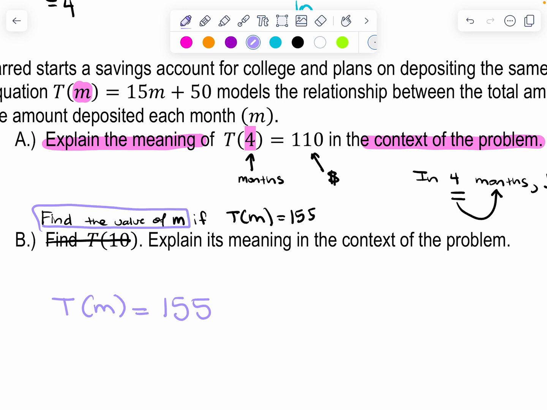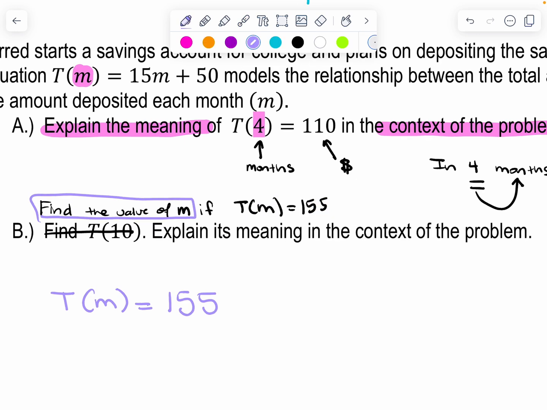Okay, so if you remember, in function notation, this is the input, this is the output. Input, output, input, output. So the question's really asking, find the value of M. That's the input. What do I have to put into this machine so 155 comes out? That's literally the question. What has to go in so 155 comes out?